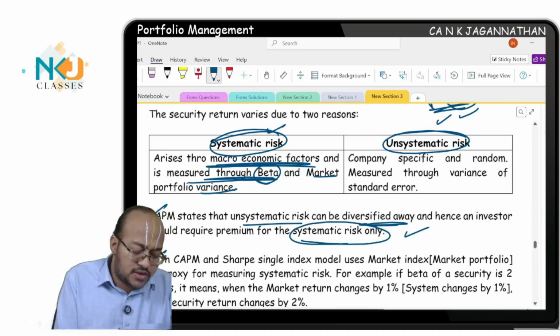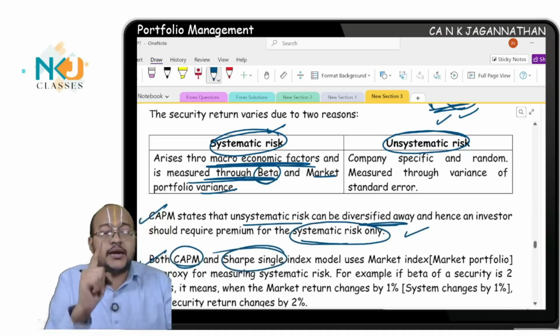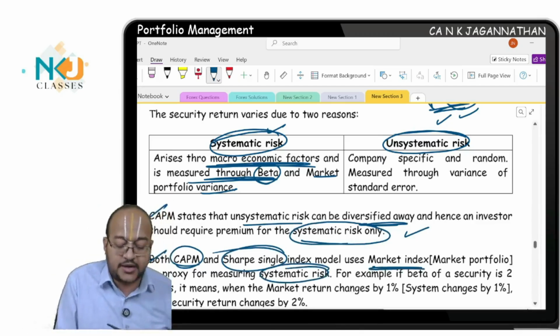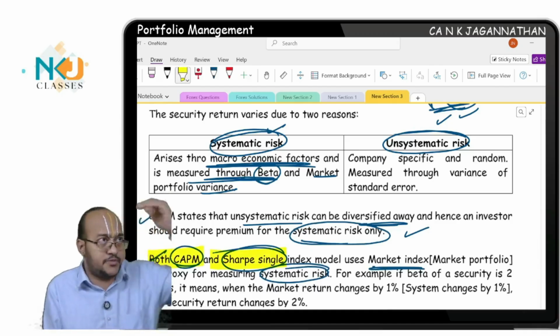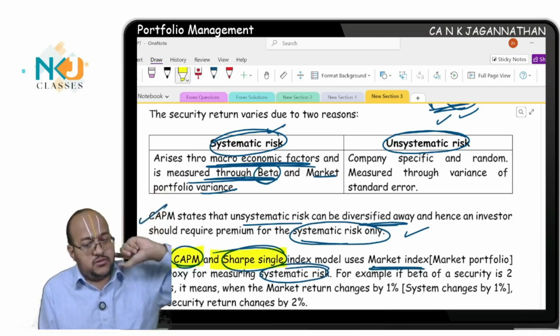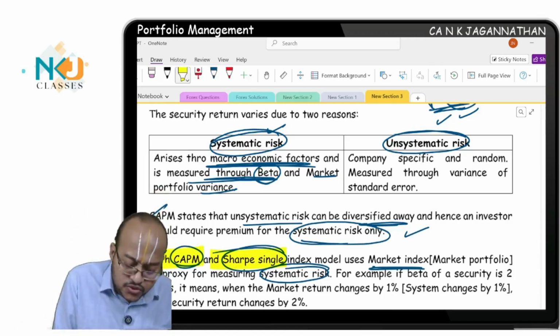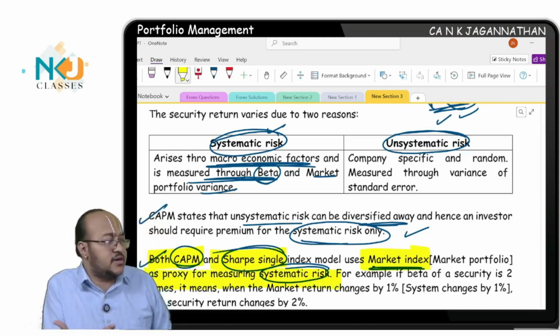Now, both CAPM as well as the Sharpe model use the market index as a proxy for measuring systematic risk. This is very, very important. CAPM and the Sharpe single index model, two of the main market-based models, used the market index as a proxy for measuring systematic risk. Agreed?